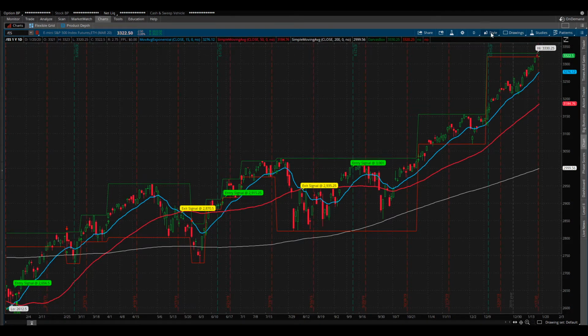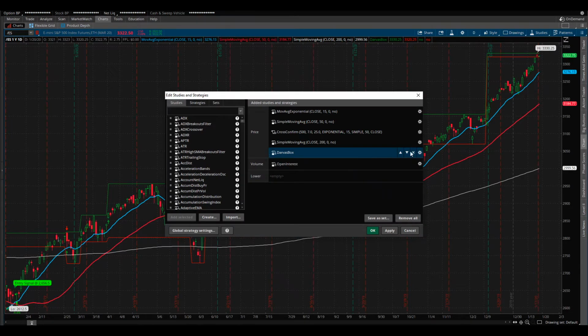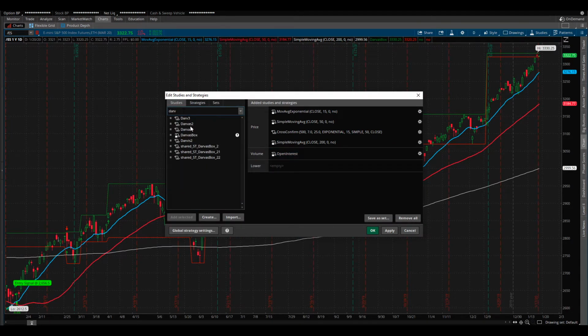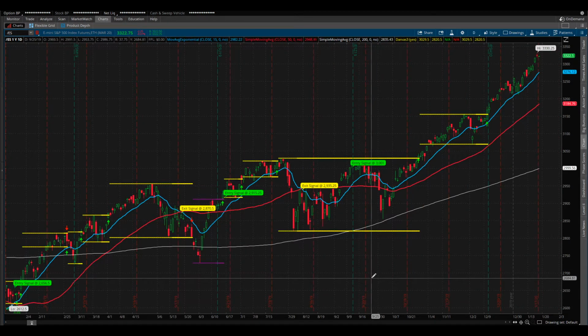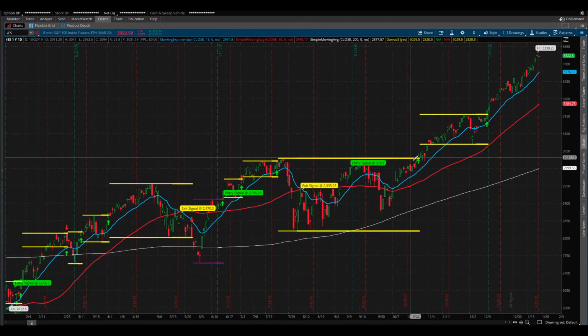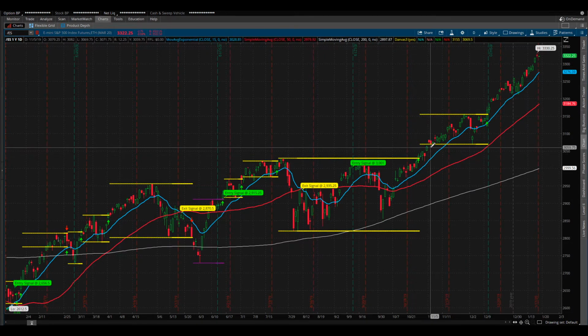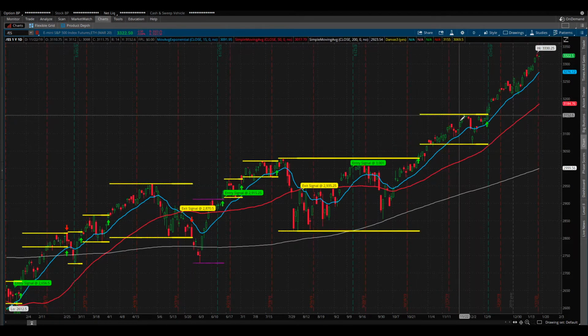I'm going to show you the one that I currently use. So this is the one that I use. When it passes through this resistance, you would have bought. You can see that it actually set up another little channel, and then you would have bought again.